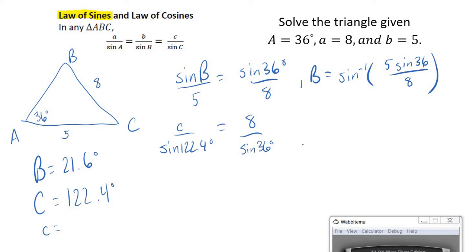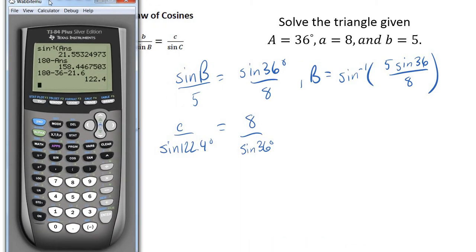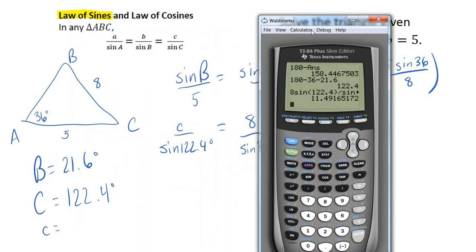So I'd multiply this up. And so let me bring my calculator back. I hope you're feeling pretty comfortable about this by now. We've done a bunch of these. 8 sine 122.4 divided by sine 36. And I get about 11.5.